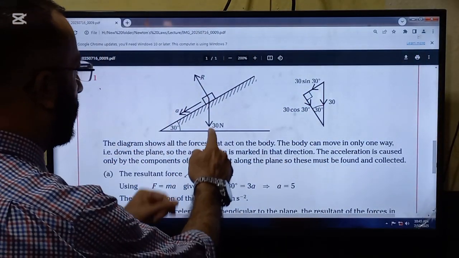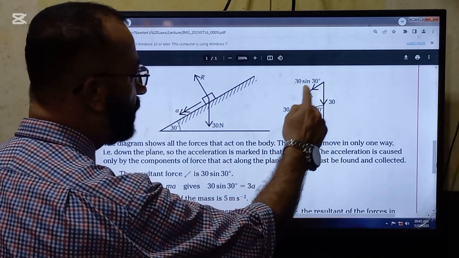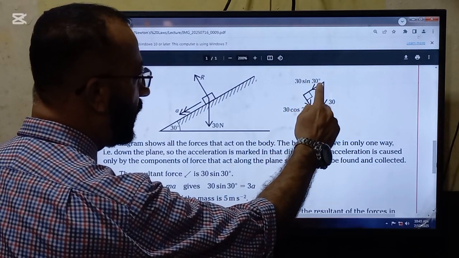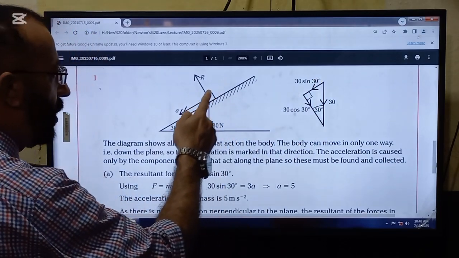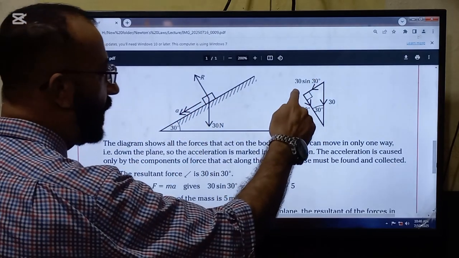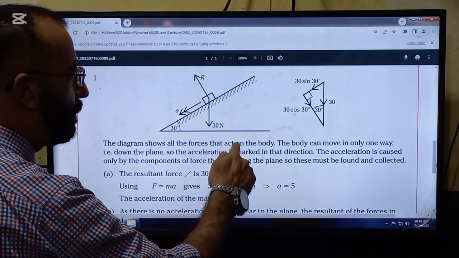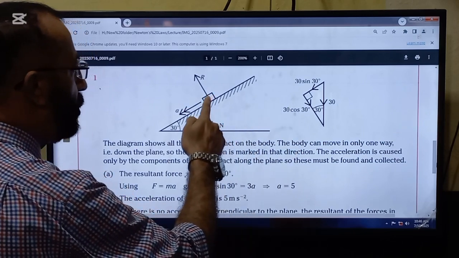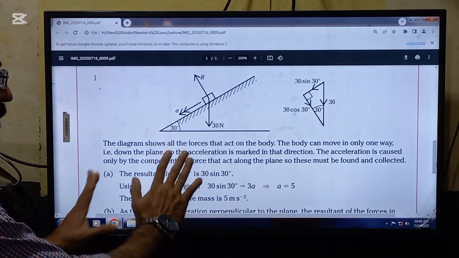So concentrate yourself now. Acceleration is the requirement. Resolving this force into its components, it will be W sin theta, because this is W. W sin theta is along the plane and W cos theta is perpendicular to the plane. W sin theta is the component responsible for the motion of the body.